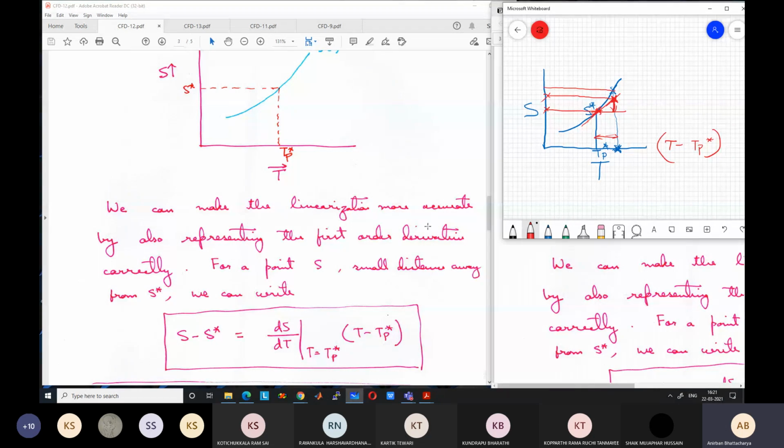So S minus S star, where S is a small distance away, is approximately equal to dS/dT at T equal to Tp star multiplied by T minus Tp star. So we are multiplying the slope with this value to get this value, S minus S star. This is our approximate S value. This is not the exact S value, but it is a better approximation. This is the point we are trying to find.